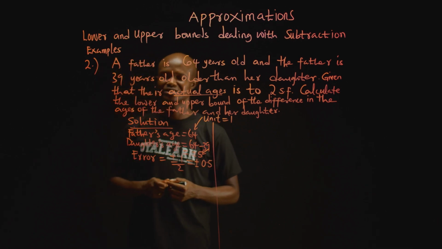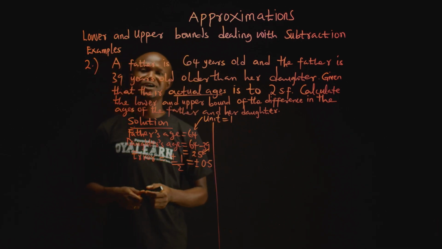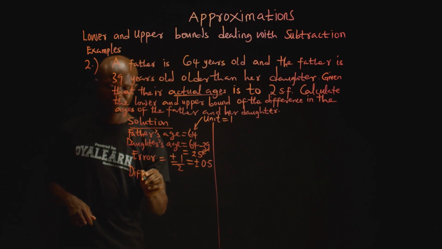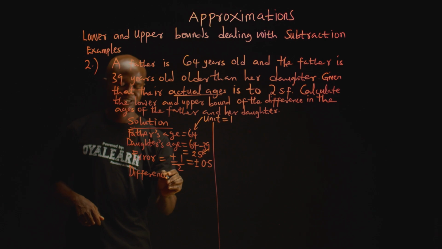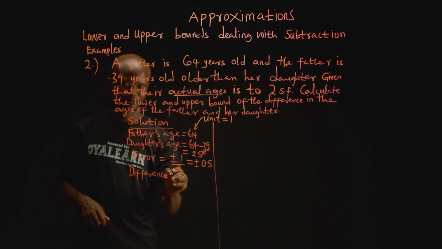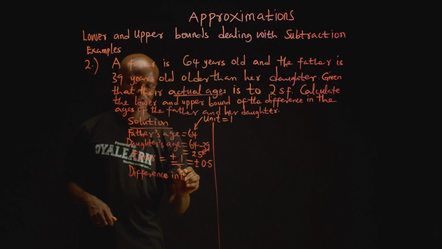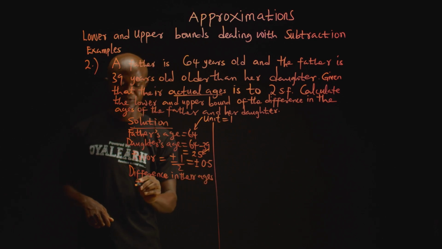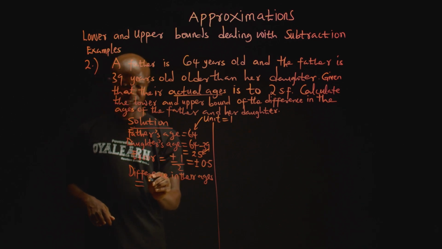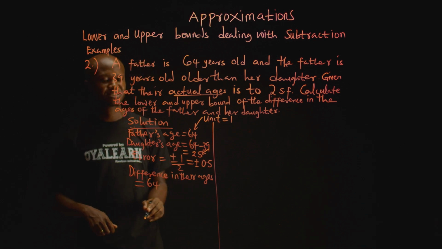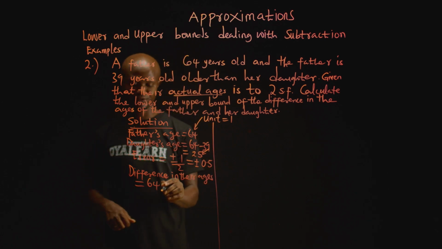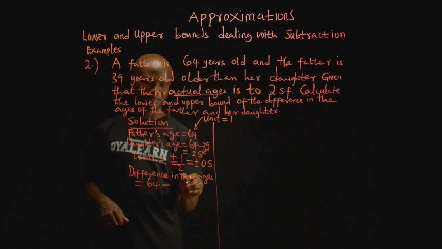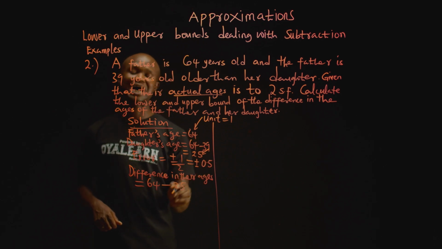So in this case, we need to get the difference in their ages. The difference in their ages is going to be equal to 64, that is the actual age of the father, minus 25.